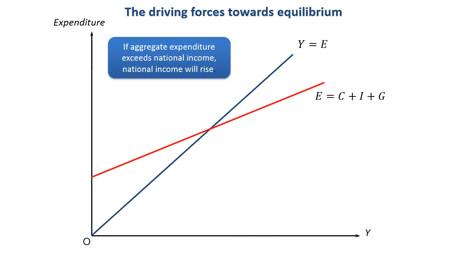So we are at a situation where demand given by our expenditure function is greater than actual output given by our equilibrium condition. We can see at this level of output, Y1, that demand is greater than actual output. There is excess demand in the economy. Naturally, we would expect firms to react by increasing production, so output will rise.